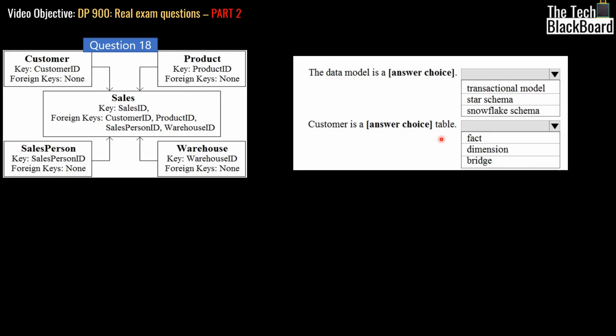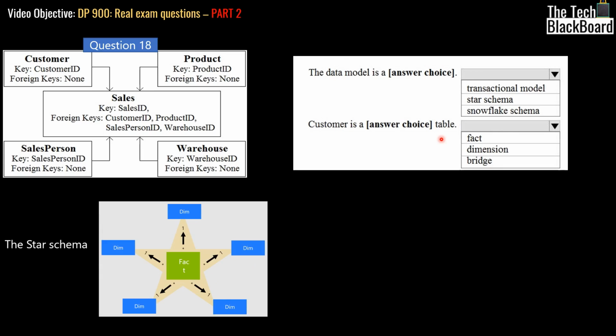Before answering the question, I will show you what the star schema and the snowflake schema are. We have already seen the relational or transaction model in the previous questions. Let me take you through first the star schema and then the snowflake. In the star schema we have a center of that schema, which means the main thing that we want to record. In this case, for example, we have sales in the center, and every other dimension is related to it.